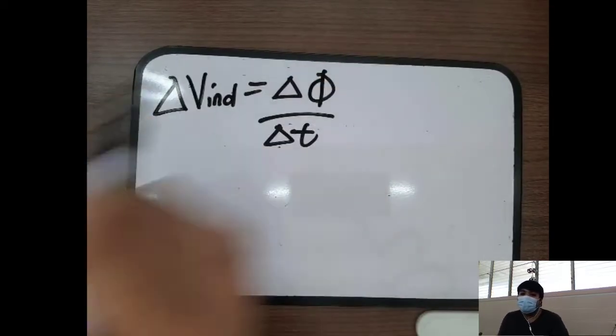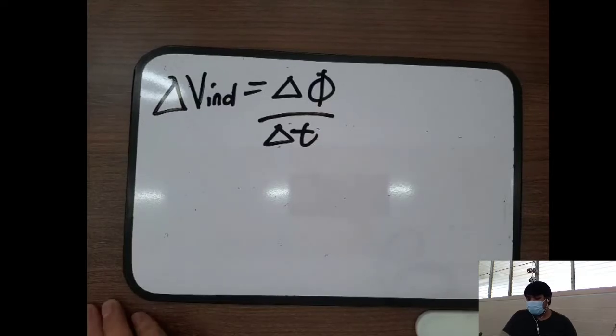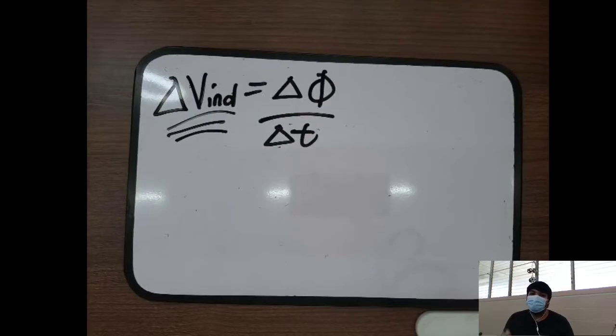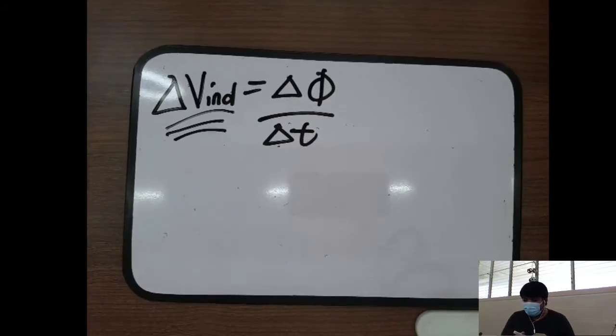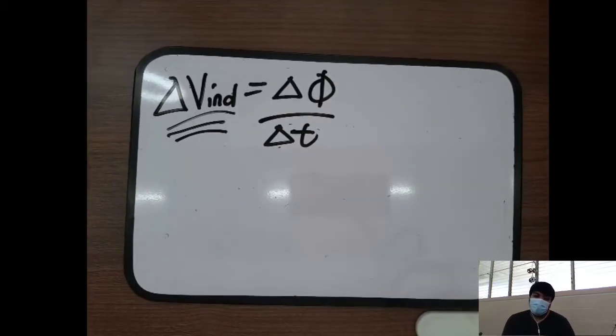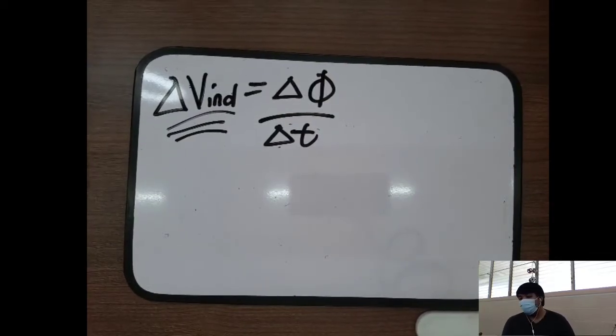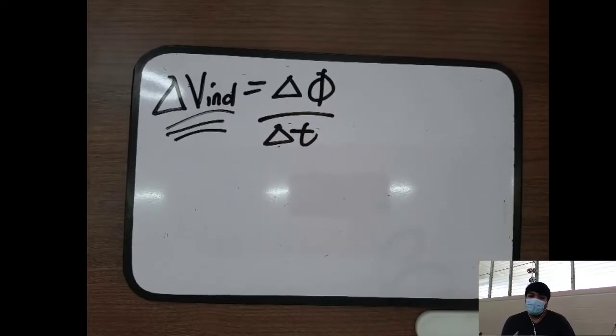So basically, the induced voltage is equal to the change in flux over time. So this is delta t. Sometimes it's just t, because it is assumed that ang initial magnetic flux passing through a coil of wire is equal to 0. So ang final time is t, so t minus 0 is equal to t, right?